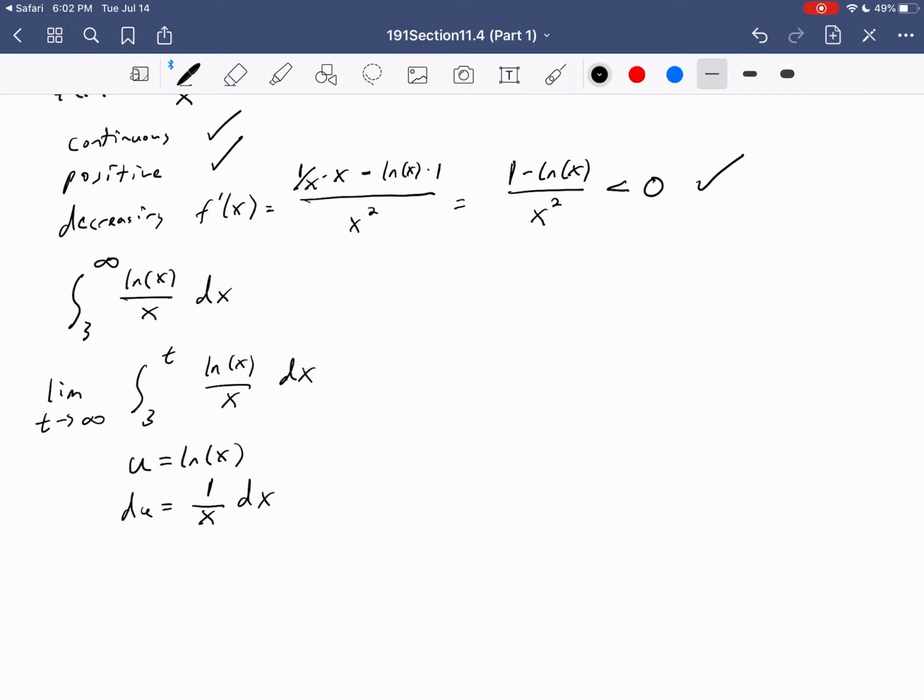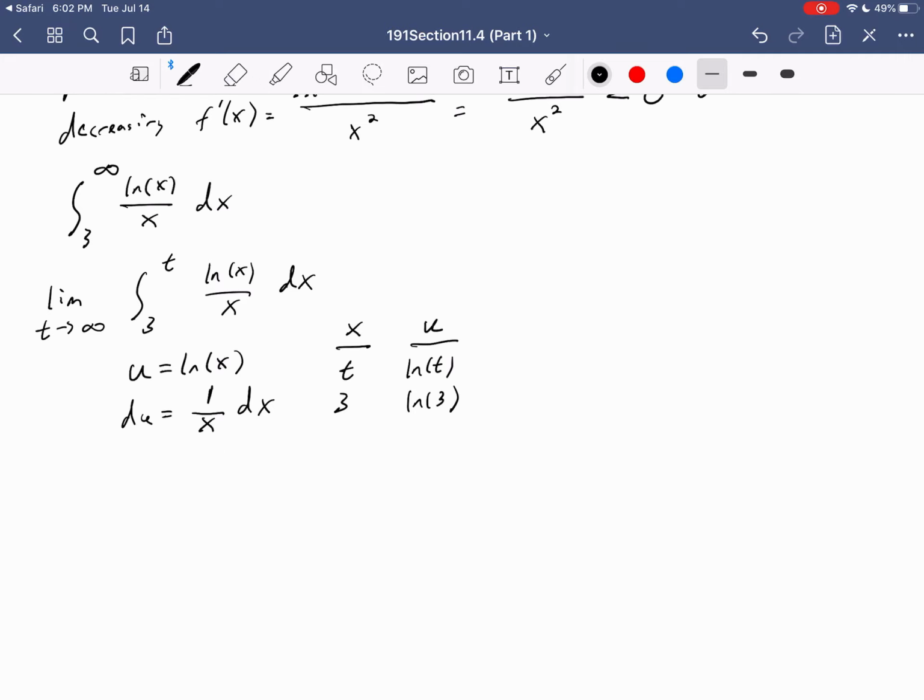We'll need to change our bounds, though. Our original bounds were 3 and t, and our new bounds are going to be ln of 3 and ln of t. So we would get the limit as t goes to infinity of the integral from ln of 3 up to ln of t, and this whole thing would just turn into u du.